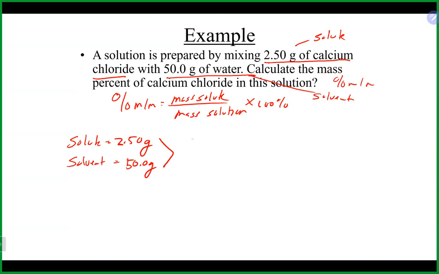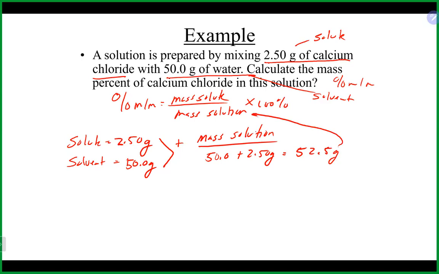Remember that it is both of these things added together that will give us the mass of our solution, and we want to make sure we do not just go in with the solvent. So we would take 50 plus 2.5 grams, which gives us 52.5 grams.